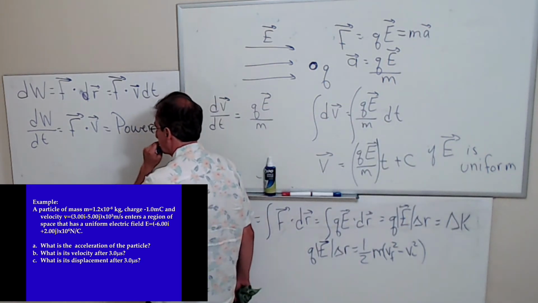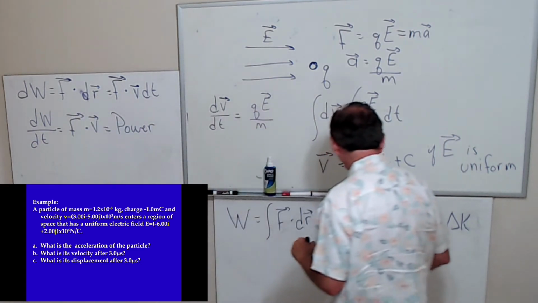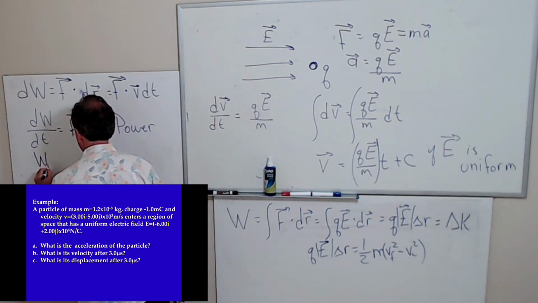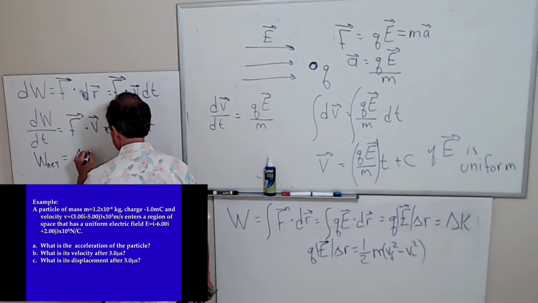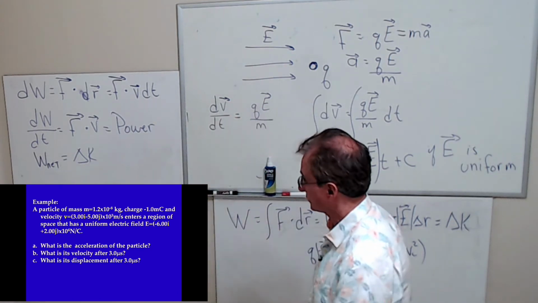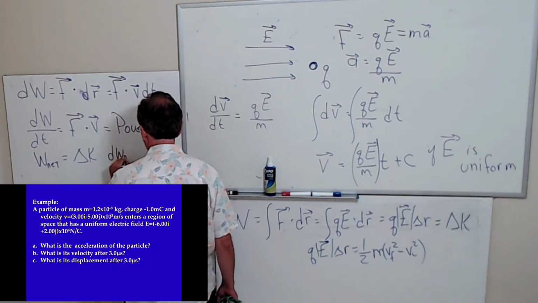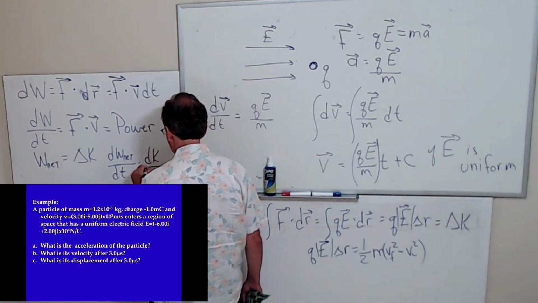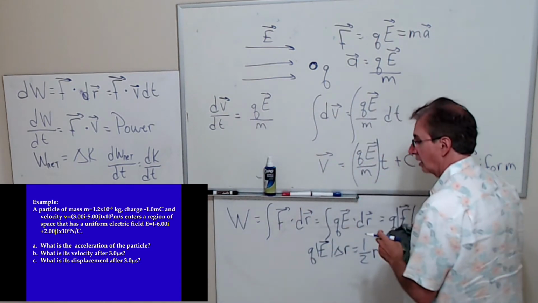Another way to write it is this. We know that the work done by the net force is the change in kinetic energy. So if that's the case, let me take a derivative of that with respect to time. Well, what's the equation for kinetic energy?